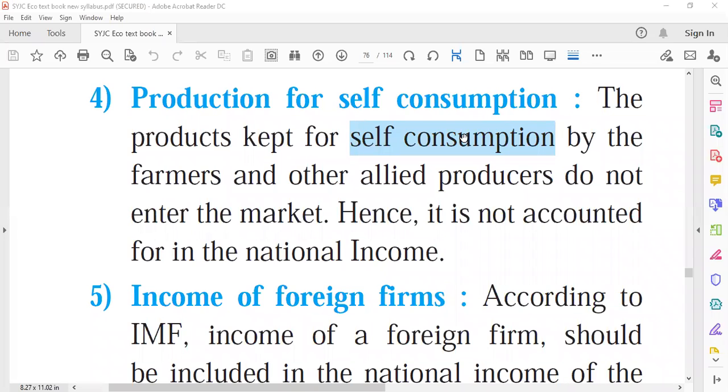So again, we are facing the difficulty to calculate the value of such goods which are kept for self-consumption purpose. And therefore, these values many times are not accounted for in the national income.